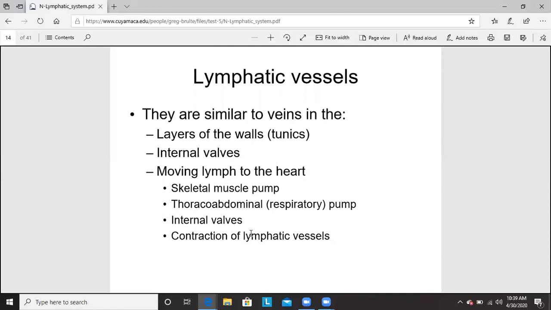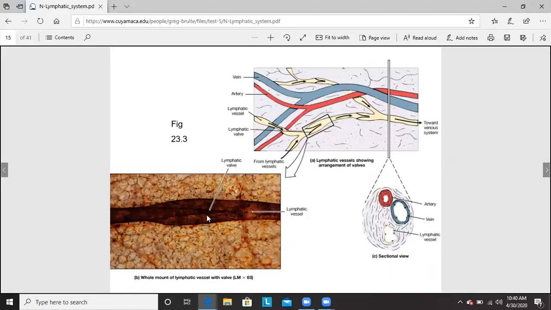These can squeeze the lymph in your lymphatic vessels towards the heart, basically. I wish veins could do that, but they can't. But it's nice that your lymphatic vessels can do it, the big ones, anyway. There's a valve. It's pretty cool looking. That's a really good slide of one. And you can see that lymphatic vessels are pretty much found close to arteries and veins usually.